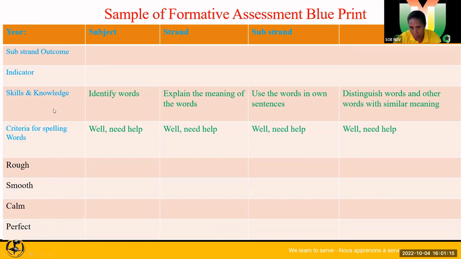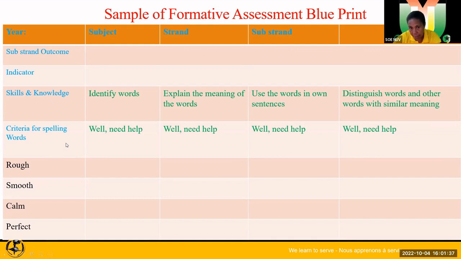So skills and knowledge, you have the children should be able to identify the words. They should be able to explain the meaning of the words, use the words in their own sentences, and they should distinguish the words and other words with similar meaning.